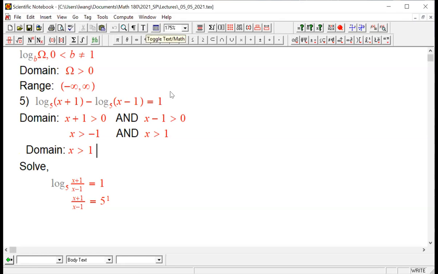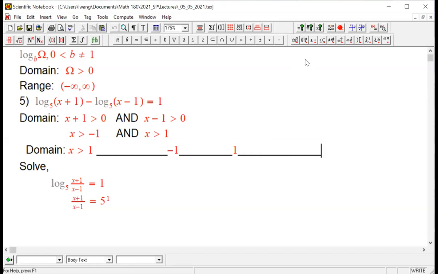Do we understand why? The reason is very similar to what we talked about last time, right? We need x to be greater than negative one, and we also need it to be greater than positive one. But we have to make this happen for both, right?